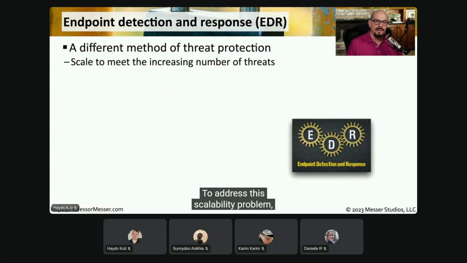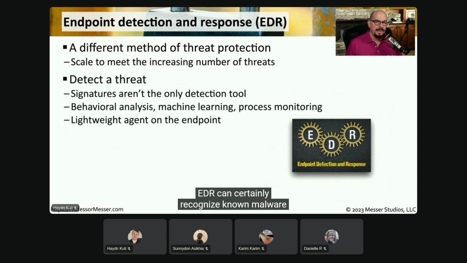To address this scalability problem, the industry is focusing on the next generation of malware detection through an EDR. This stands for Endpoint Detection and Response. EDR can certainly recognize known malware and vulnerabilities based on a signature, but it goes beyond signatures to provide additional security.